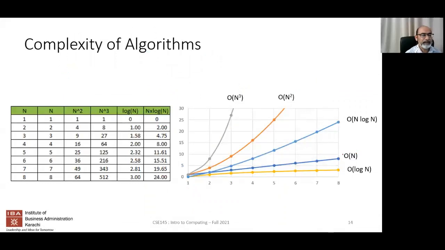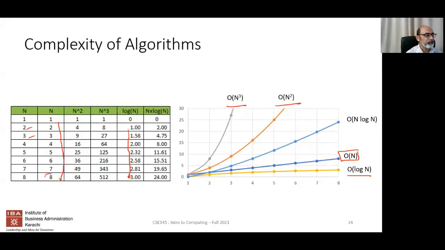So basically, order of n is over here. Okay, order of n squared and order of n cubed. These were the obvious ones. Now, order of log n is actually better than n. Which algorithm would be preferred, order of n or order of log n? If you look at order of log n, as n goes to 2 or 3, log n is even smaller than n.